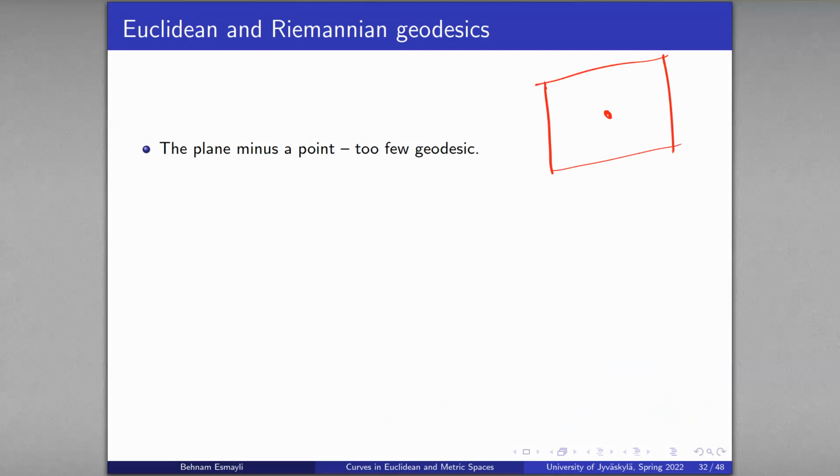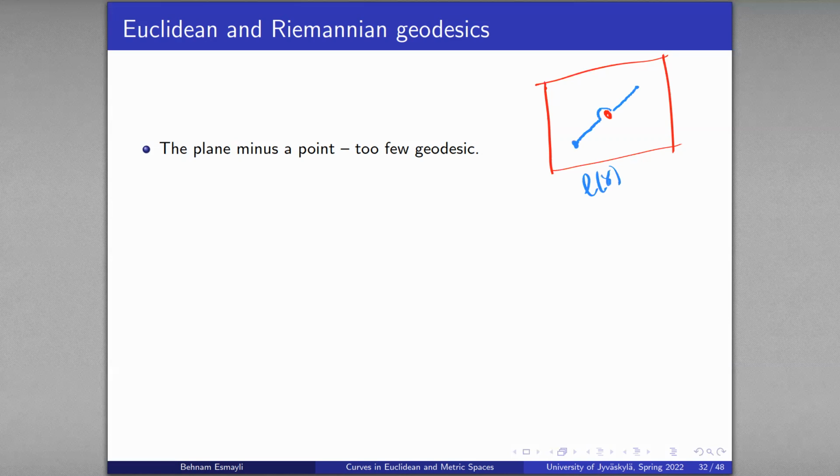Then for points that are opposite this point, there is no shortest curve connecting them, because the shortest you try is going this way. Of course, we measure the length of the curves using the Euclidean distance. Then you have to make some kind of loop around it and then continue.